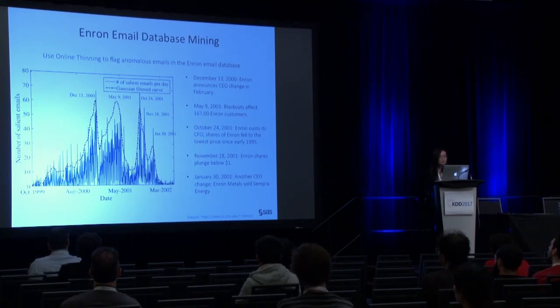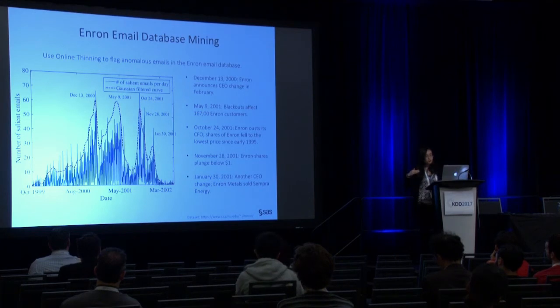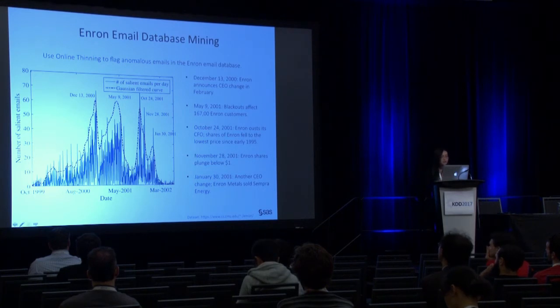This database has the corresponding emails within Enron, the company, from 1999 to 2002. We set a threshold on the anomalous score and counted how many anomalous emails there are per day. We applied a Gaussian filter just to make it a little smoother, and we flagged out the peaks.